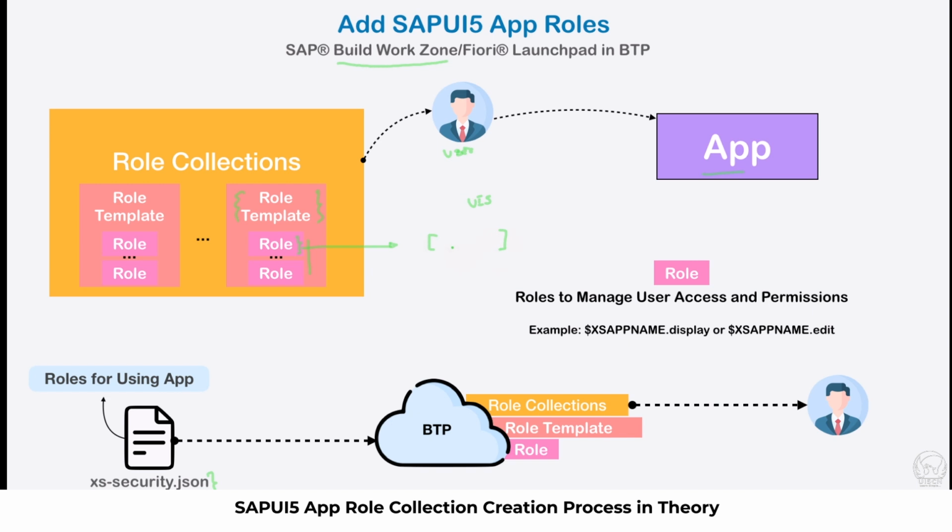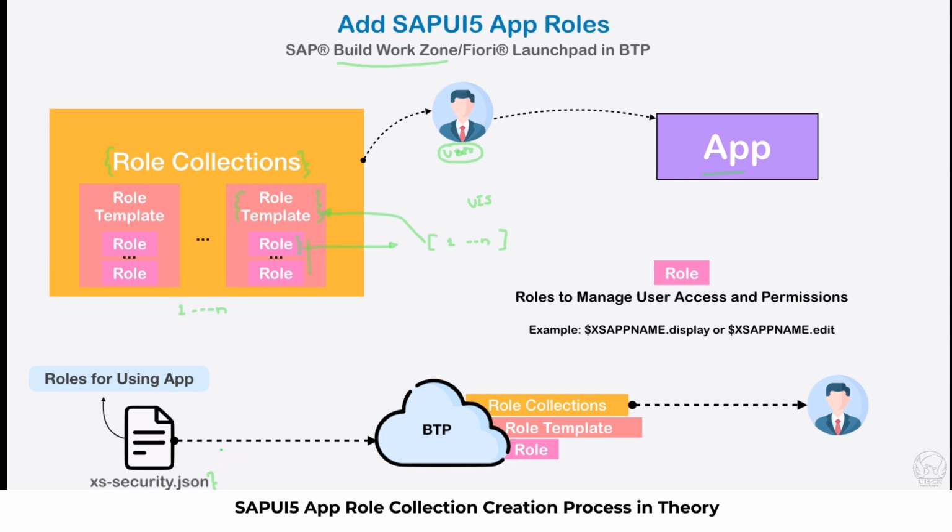Multiple roles, 1 to n, I can group together and call that a role template. And I can have 1 to n role templates, create a role collection, and provide this role collection to the user. So the user will get all the roles which are part of all the role templates.